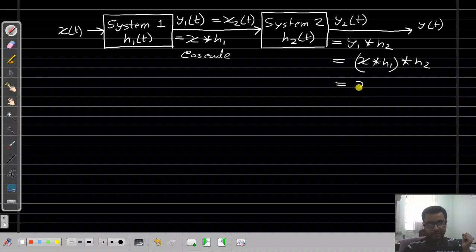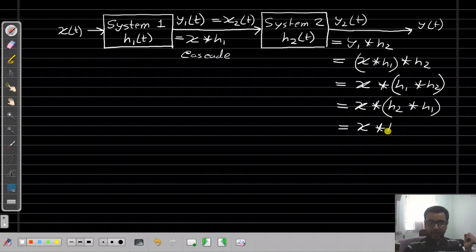So this can also be written as x star h1 star h2, but bracket here. This is true by virtue of the associative property. Now then I can write it as x star h2 star h1 because of the commutative property, and then again using associative property I can write it as x star h2 whole star h1.